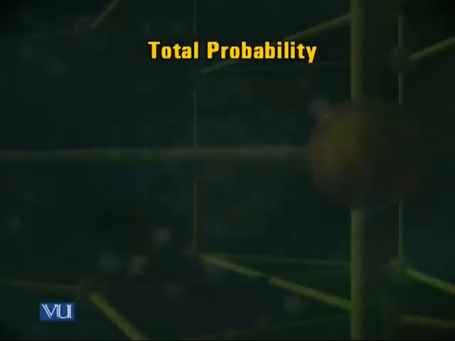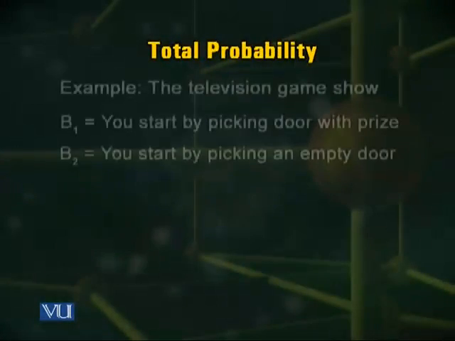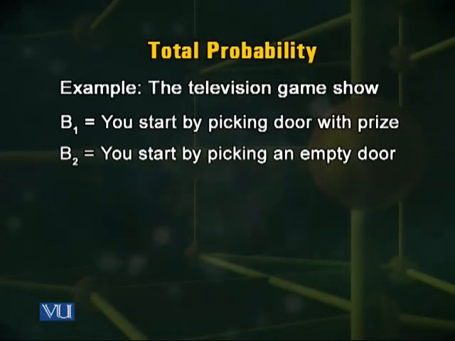Let's look at another example of total probability. This is the example we talked about in the last lecture of the TV game show, where you select a door and then you are given an option to switch. And then we are interested in finding the probability of you winning a prize.